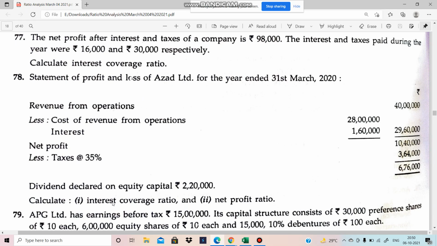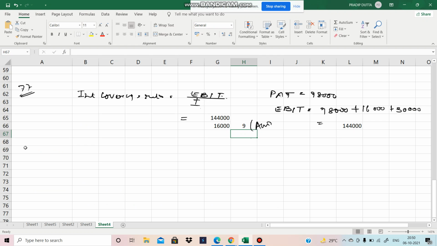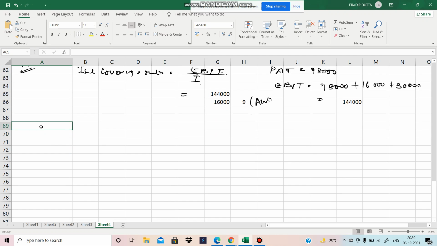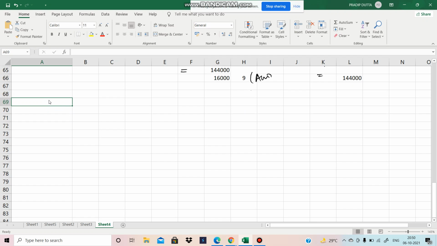Here we have to find out the interest coverage ratio and the net profit ratio. Net profit ratio is very simple. The formula is net profit divided by revenue from operations or sales. So what is the net profit?